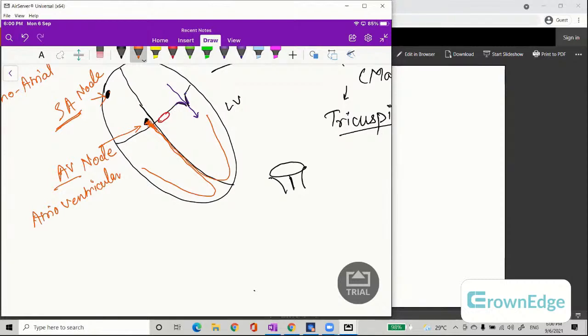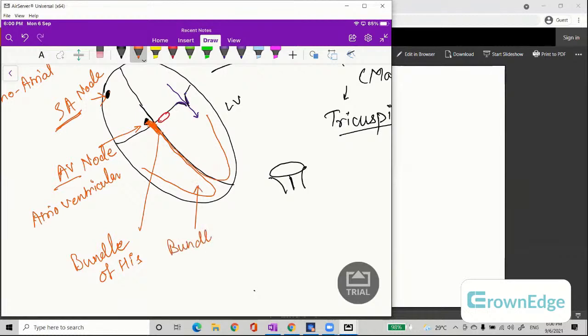Over here there will be a bundle of fibers, that is known as bundle of His. This bundle of His will be followed by two different fibers, that is bundle branches.